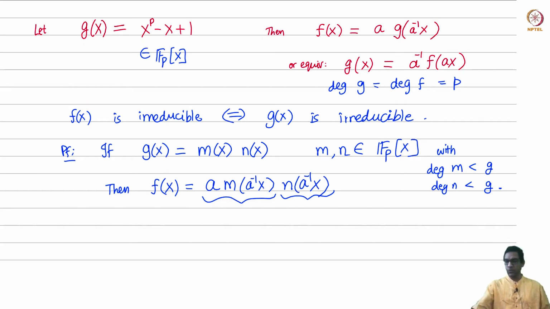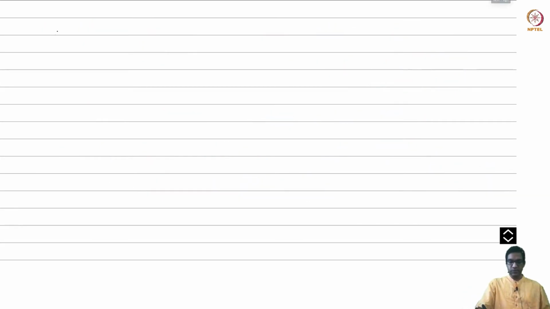So let's just prove that g is irreducible. Okay, so claim: g is irreducible. So if you recall, g is nothing but f with the value a equals 1. So what we are saying is if you prove it for a equals 1, you prove it for all non-zero values of a. The claim is that g of x, that is, x to the p minus x plus 1, is irreducible.